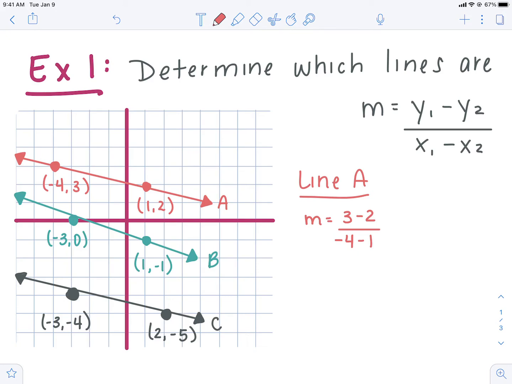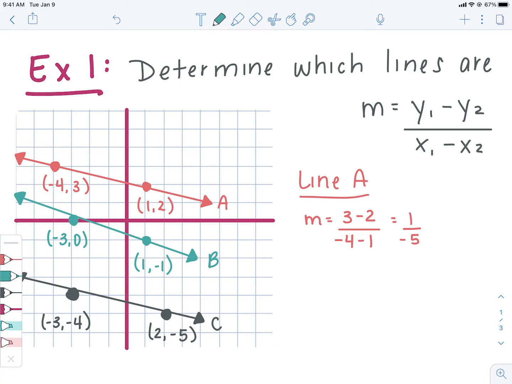And when I do that, 3 minus 2 gives me 1. -4 minus 1 gives me -5. So my slope here is just -1/5. So I want to see if I end up getting -1/5 for any of the other slopes to decide if line A is parallel to line B or line C.